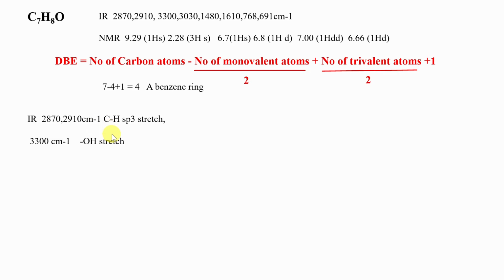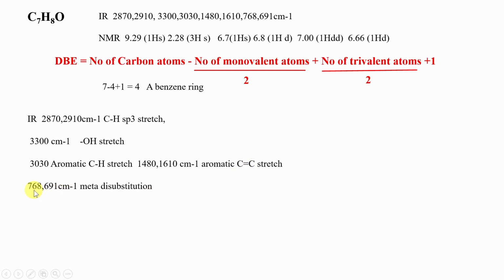Then 3300 centimeter inverse is indicating the presence of OH stretch. 3030 is nothing but aromatic carbon hydrogen stretch. 1480 and 1610 are because of the aromatic carbon-carbon double bond stretch. Then 768 and 691 centimeter inverse indicate that the aromatic ring is meta disubstituted.